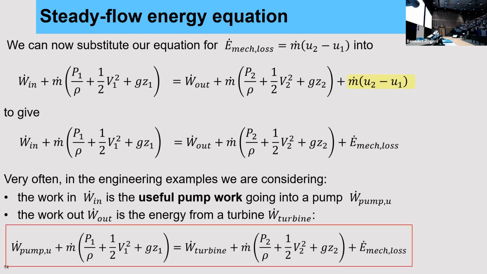So if I substitute all of those terms in, on my left I have the pump work, W dot pump, comma, U, plus the mass flow rate into the mechanical energy, which is equal to the turbine work out plus the mass flow rate into the mechanical energy at state 2 plus my mechanical energy loss. So this is the steady flow energy equation, and it is super useful.